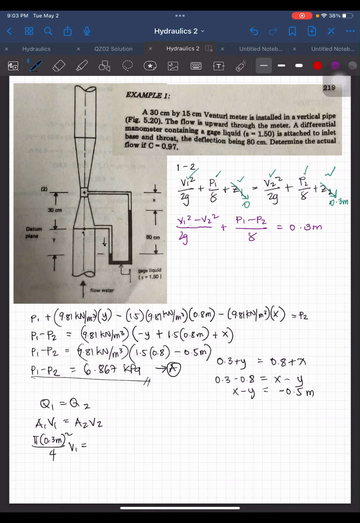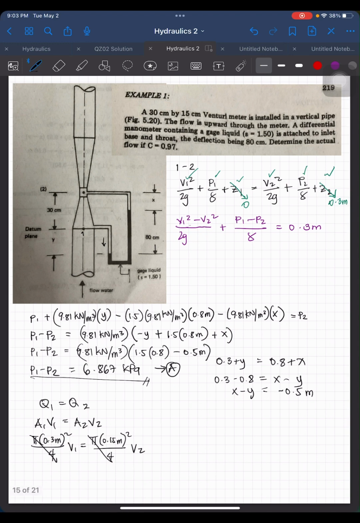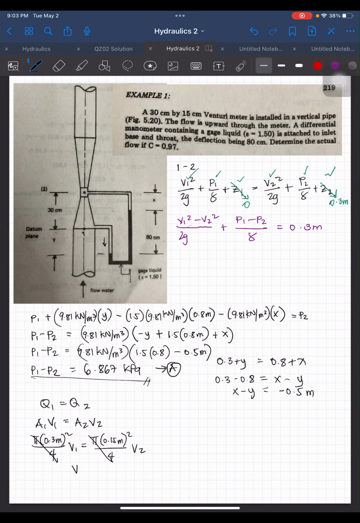V1 is equal to pi times 0.15 meters squared over 4 V2, and we can cancel pi over 4. That gives us the relationship of V1 and V2. Determine the actual flow. Okay, so kahit ano naman pala.